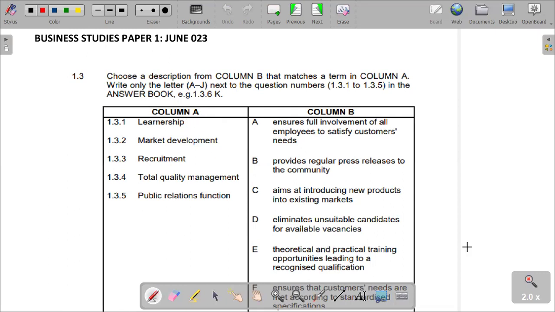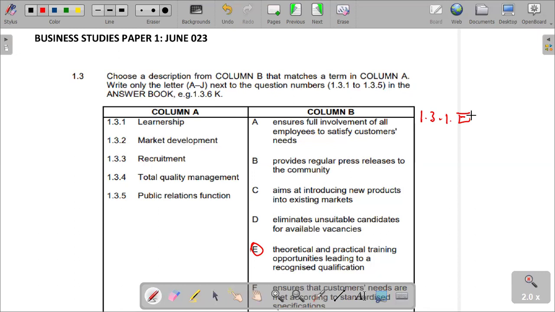The first question is learnership. What is learnership? From our list of answers, learnership is E. So in 1.3.1, it is E, which is theoretical and practical training opportunities leading to a recognized qualification.